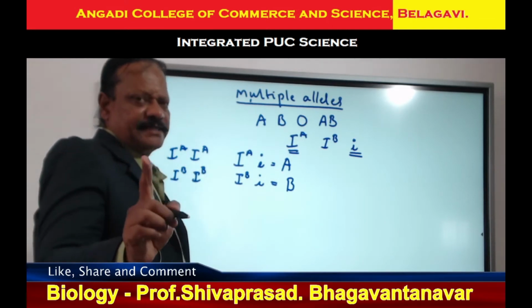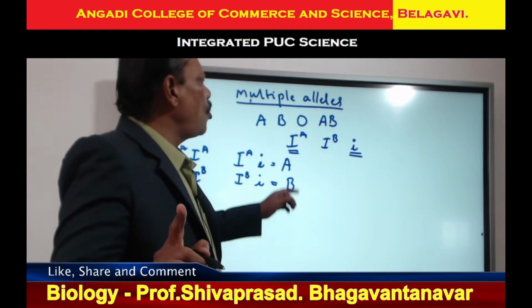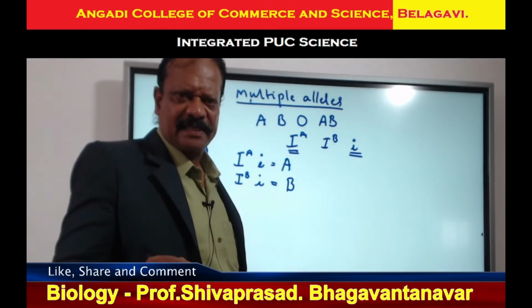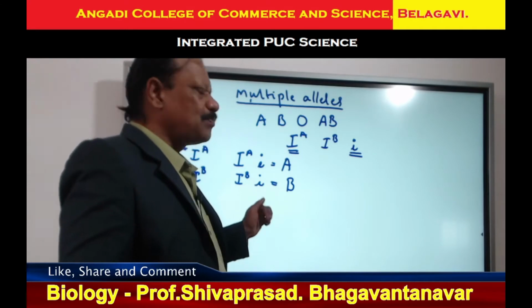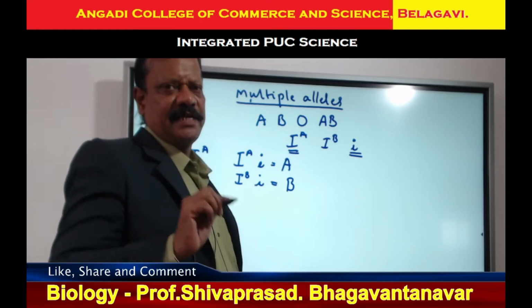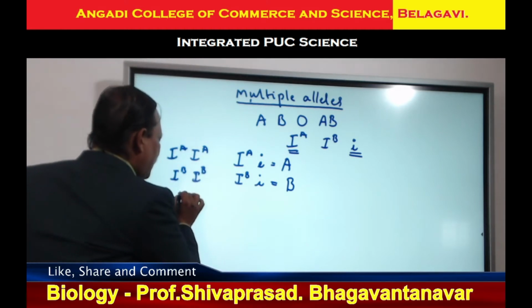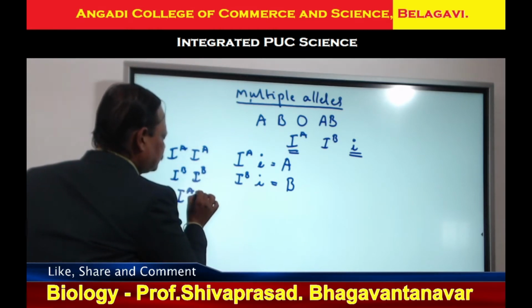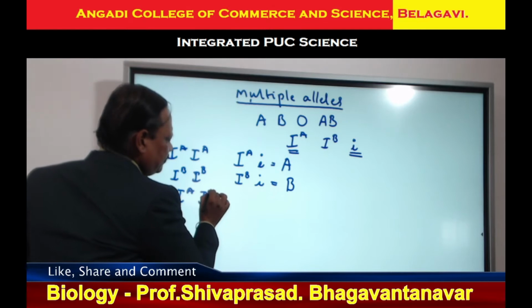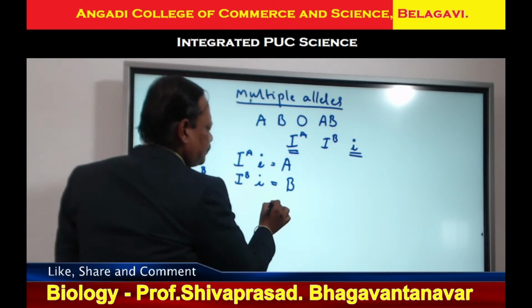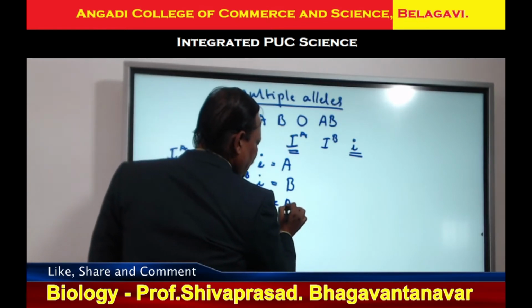Here, both sugars are present, so small i is not represented. So IA and IB make blood group AB.